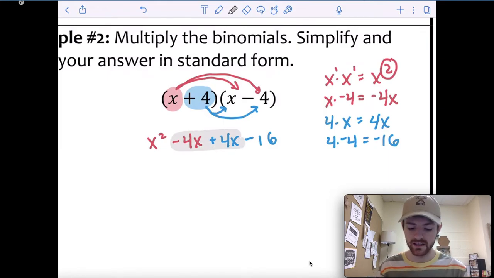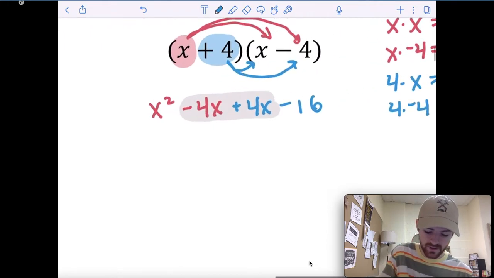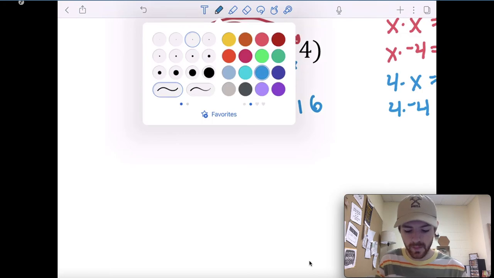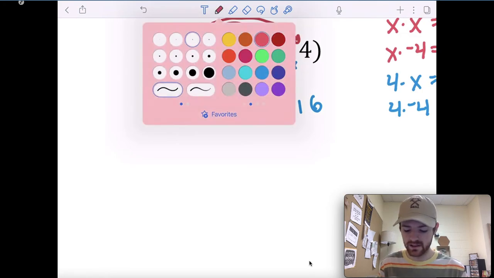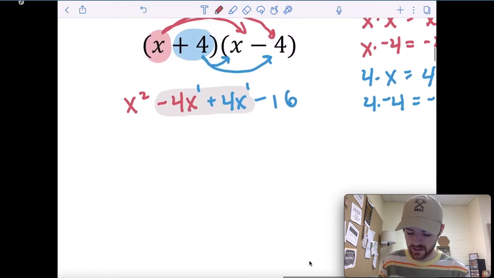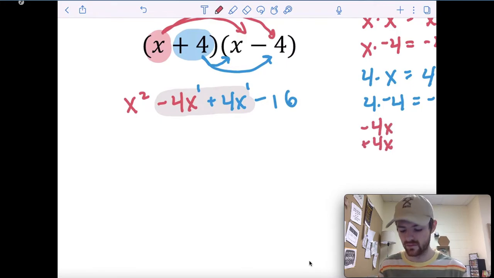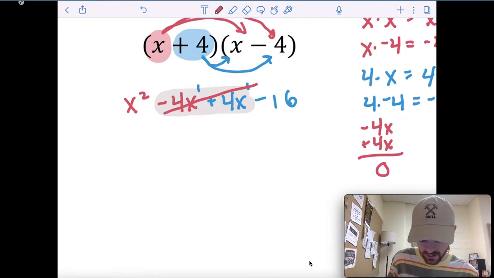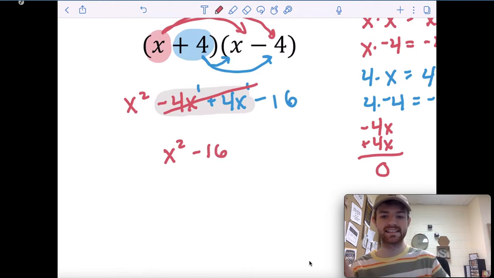Those 4x's both have an invisible 1 exponent, so we can combine them. However, what is a minus 4x plus 4x? It's just going to be 0. So this whole thing cancels out, meaning all we're left with for our answer is x squared minus 16.